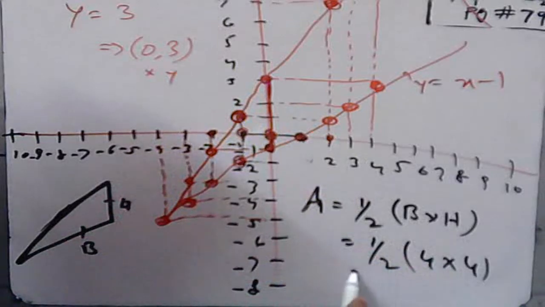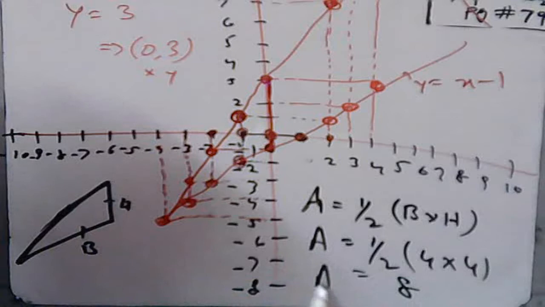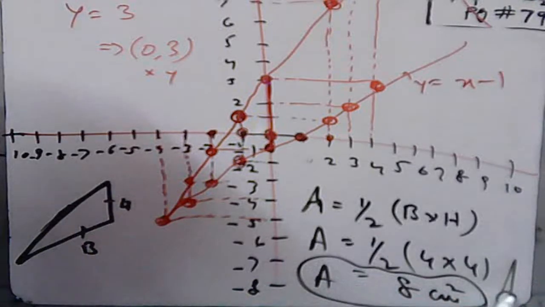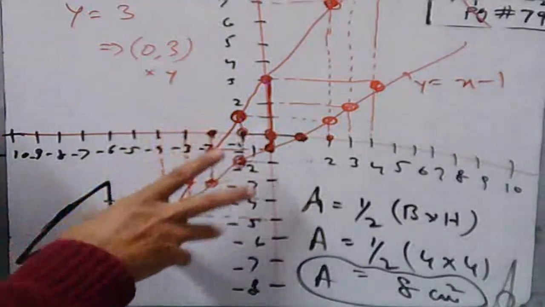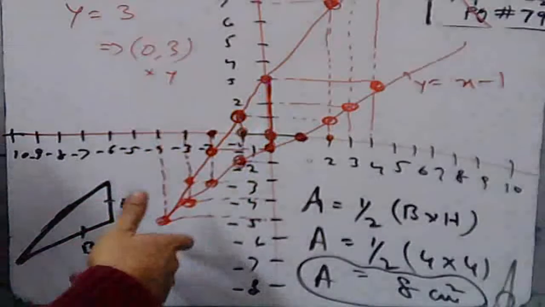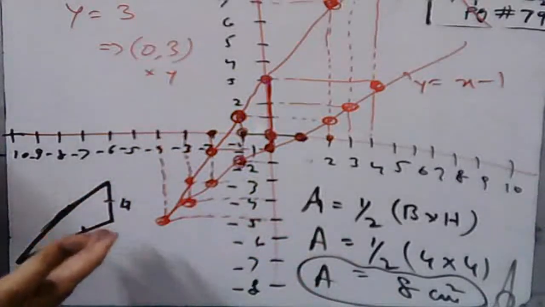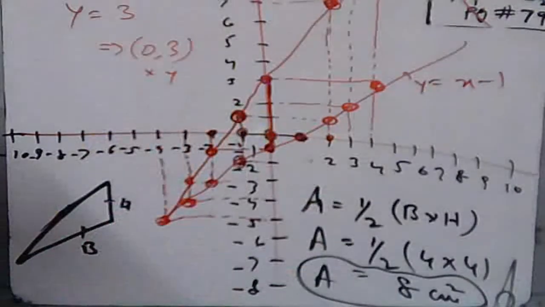So 4 fours are 16, divided by 2 you will get 8. So the area is 8 centimeters square. That is the required result of this question, because we have to find the triangle and then find its area. You can see here, with the help of these diagrams you can calculate the area.